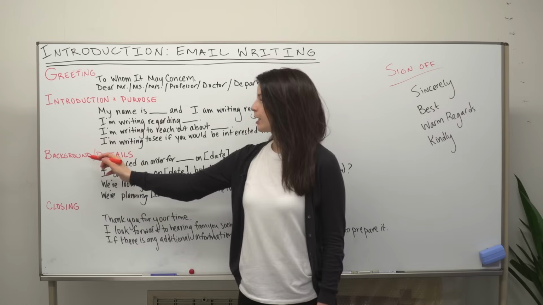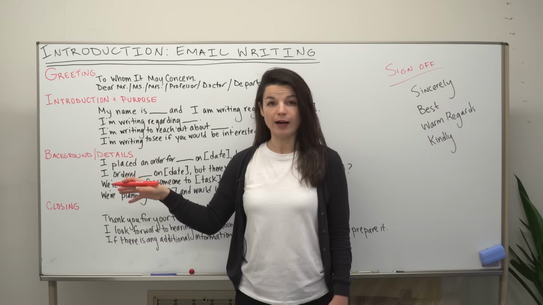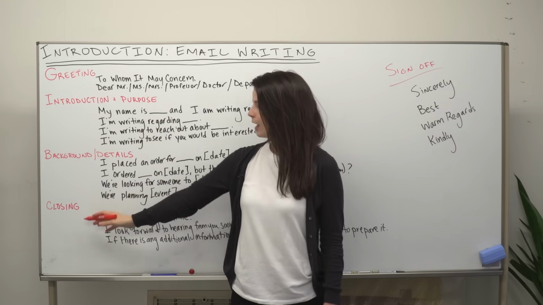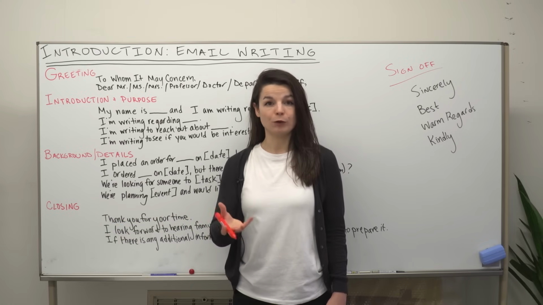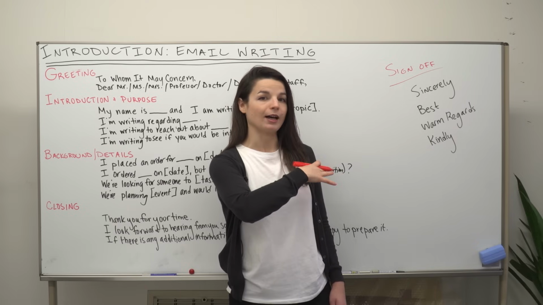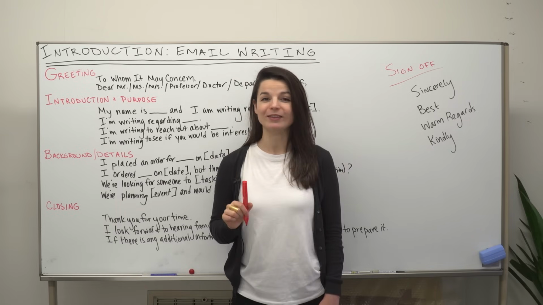Following that will be any background information or any details you need to provide to make the purpose of your email clear. Following that, a closing statement, something to kind of wrap up to show your reader you're ending the message, and then a sign-off, which is really the final point before your name in the email. So we're going to talk about these points.